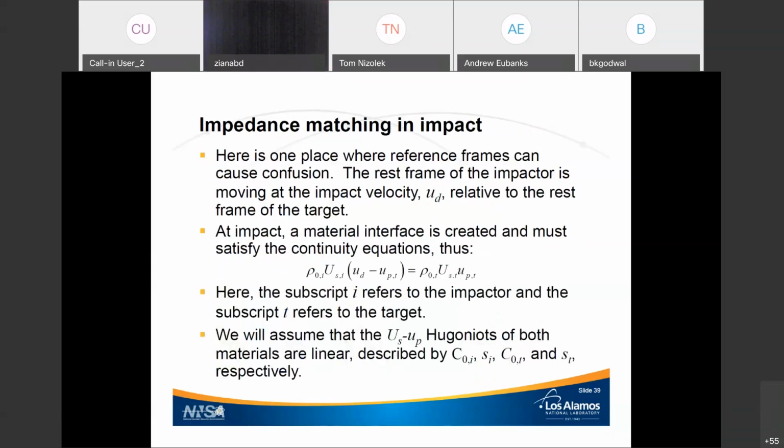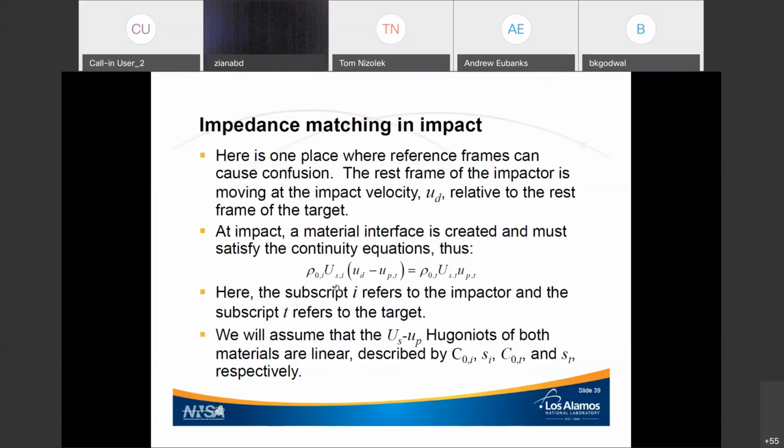Mathematically, that condition looks like this. You have subscript I, which is impactor, subscript P, which is target. Subscript D is what we call driver. In part of the shockwave community, an impact velocity is usually written as U sub D for the driver velocity to distinguish it from a particle velocity due to a shock wave.